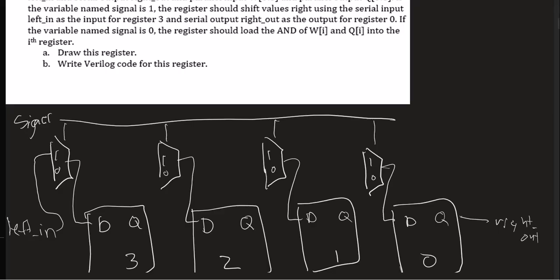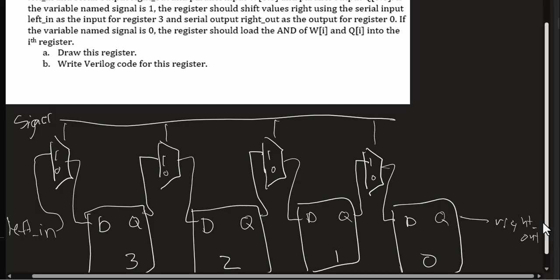Okay, the register should shift values right. That means that 3 goes to 2, 2 goes to 1, 1 goes to 0, and 0 goes out. Just want to double check.